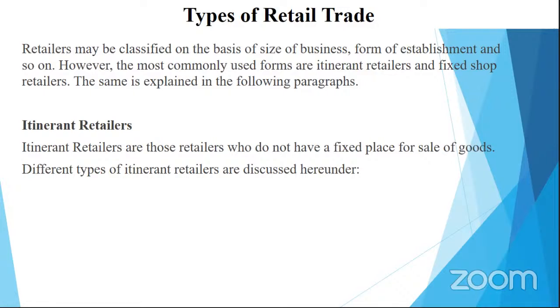Itinerant retailers are the people who move from one place to another place for trading. For selling the goods, they travel from place to place. So itinerant retailers are those retailers who do not have a fixed place for the sale of goods.